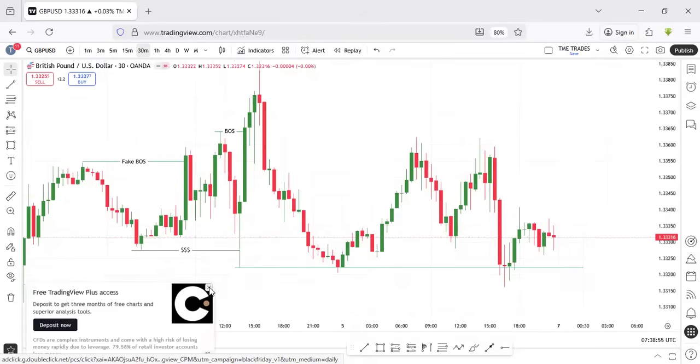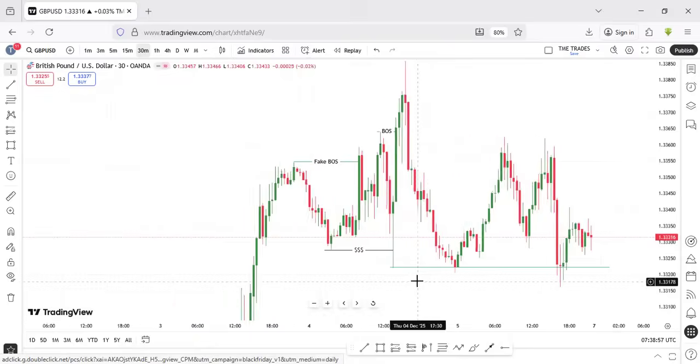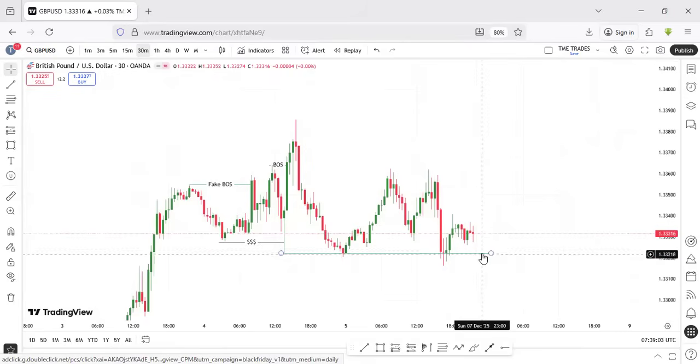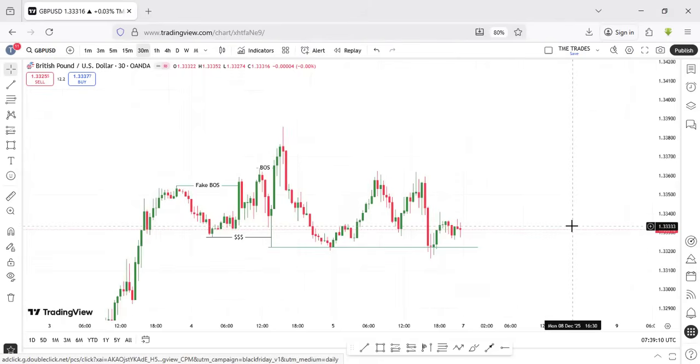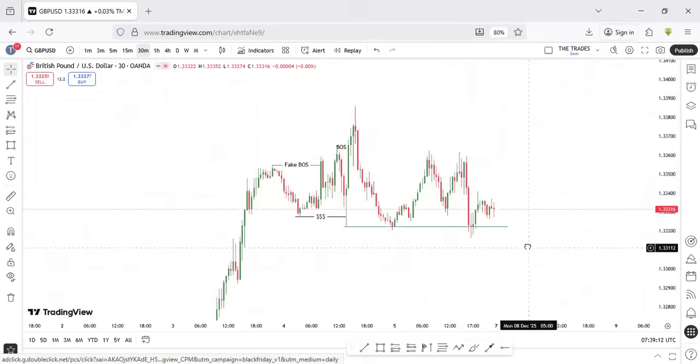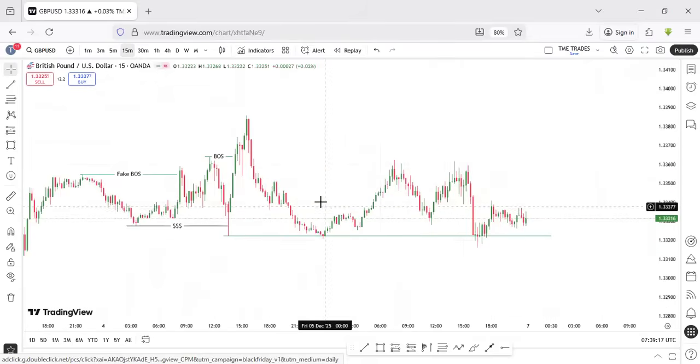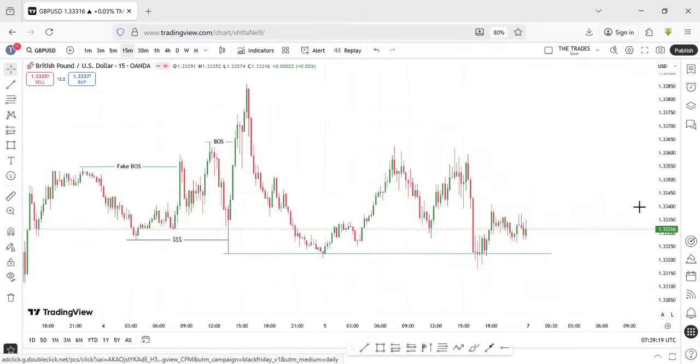While we are waiting for a candle close below it, we could see the market going below this. But for now, remember from what we are seeing on both the daily and the higher time frame, we are expecting the market to come to the downside. So let's see 15 minutes if we have seen that candle close below.